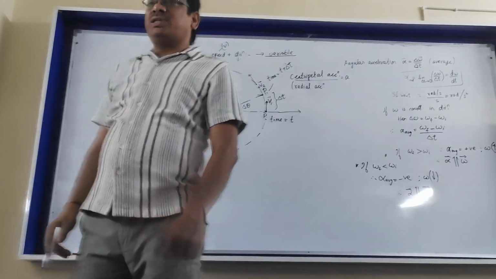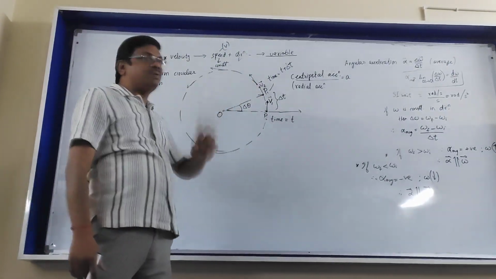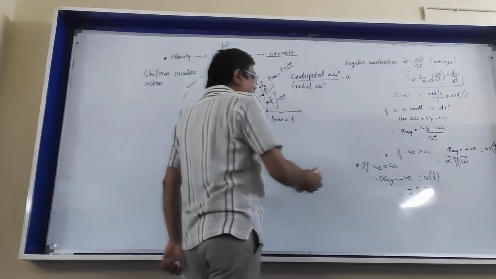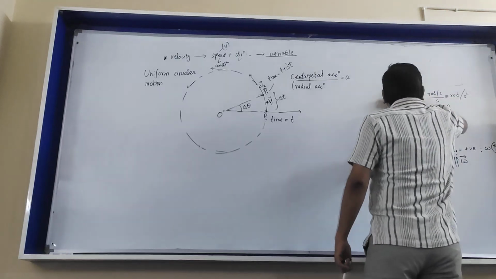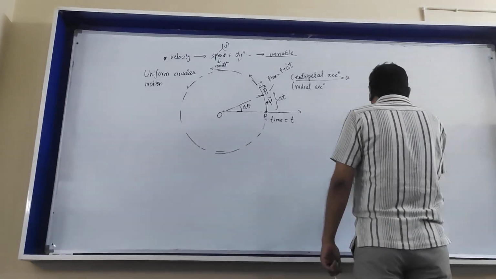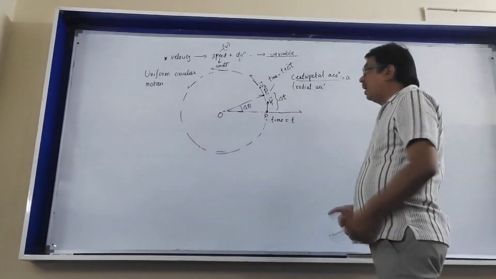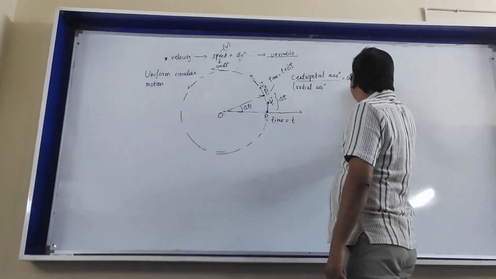Now if you recall the definition of acceleration, it is the rate of change of velocity. So by definition it is delta v by delta t.